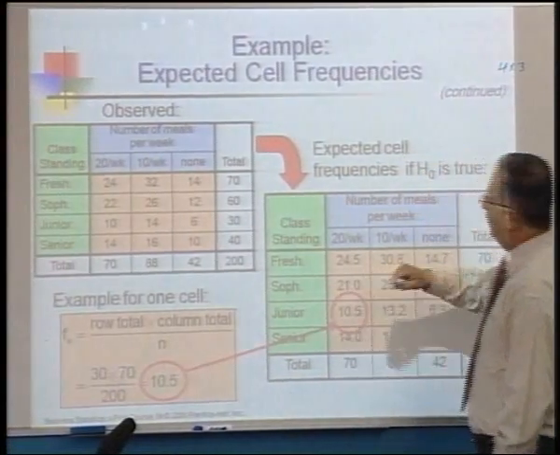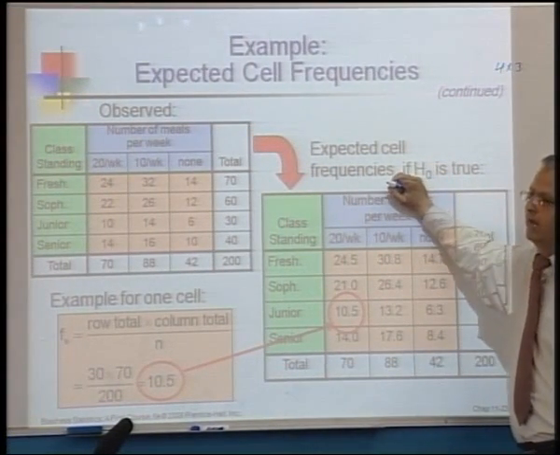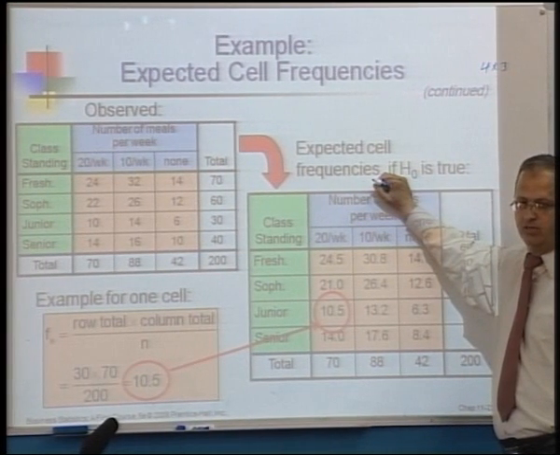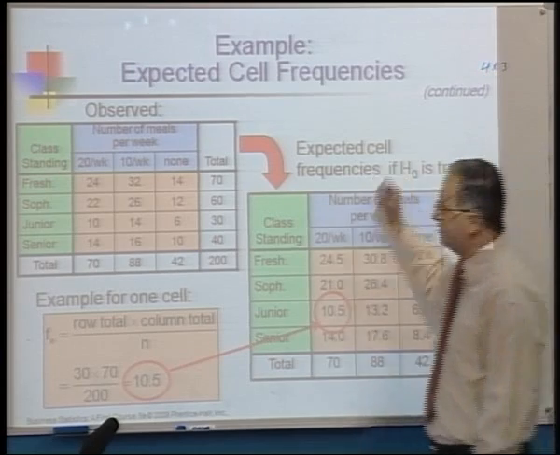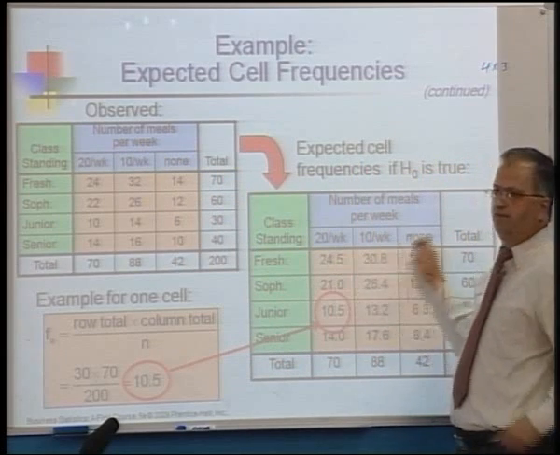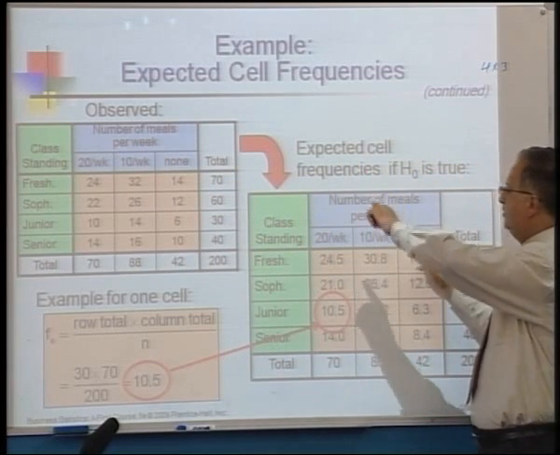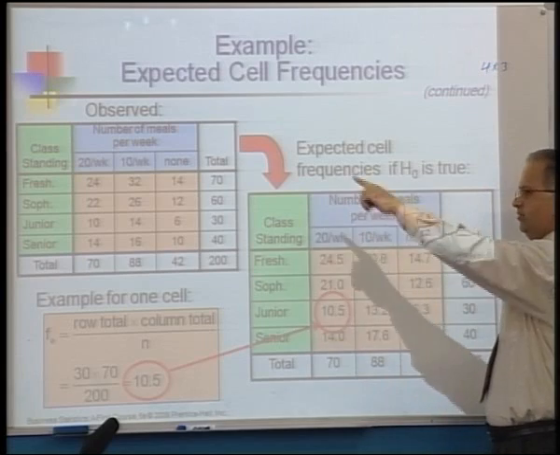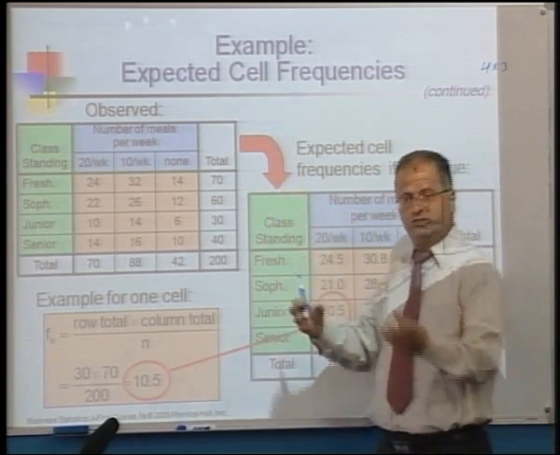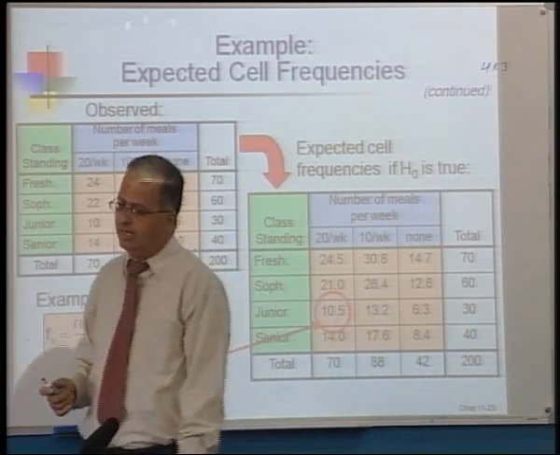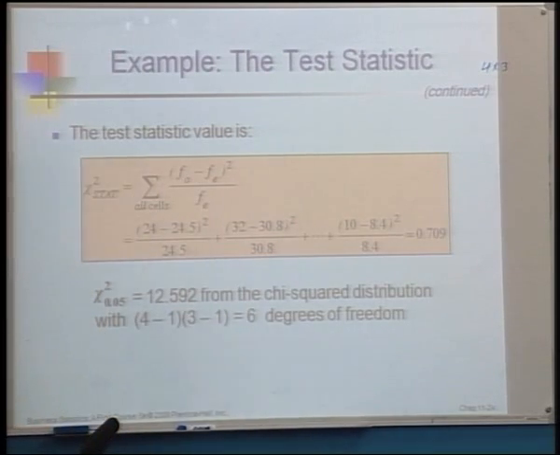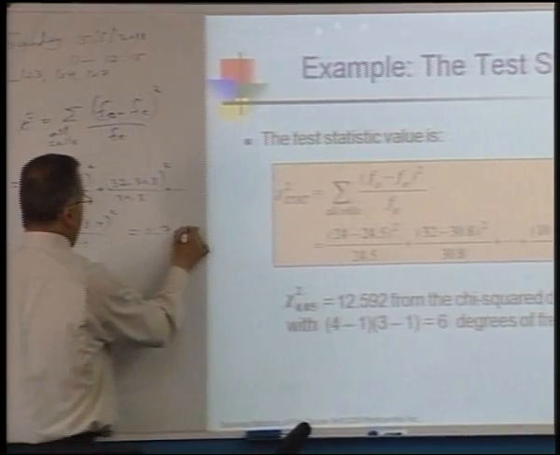Anyway, now if you compare the expected and the observed cells, you can have an idea either to reject or fail to reject without computing the value itself. Now, 24 and 24.5, the difference is small. 32, 30.8, 14, 14.7, and so on. So the difference between observed and expected looks small. In this case, the chi-square value is close to 0, so it's 0.709.